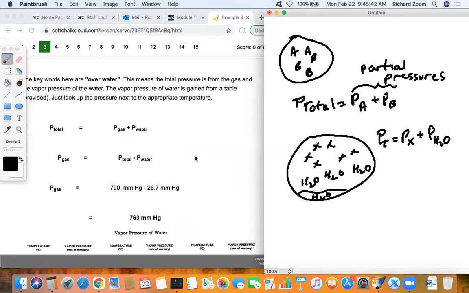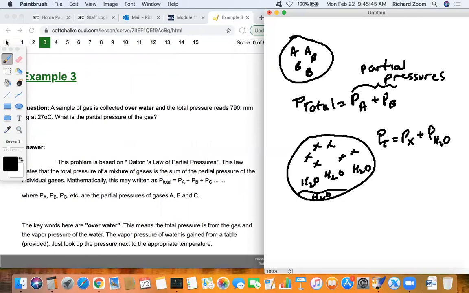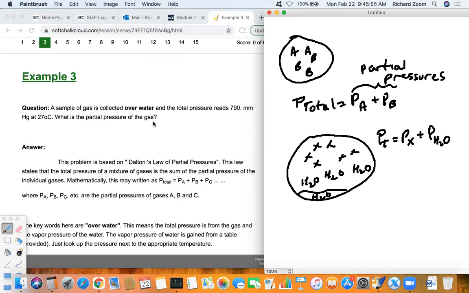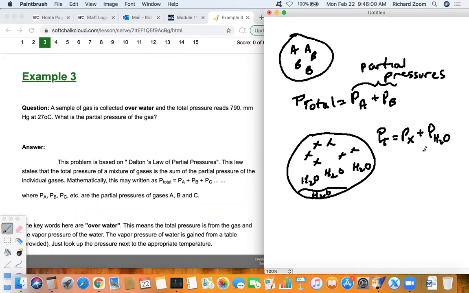So we have here, for example, a sample of gas collected over water, and the total pressure reads 790 millimeters of mercury at 27 degrees Celsius. What's the partial pressure of the gas? So we're looking for Px here, and we have P total. Px is going to equal P total minus the pressure of water. P total we've already got: 790 millimeters of mercury.